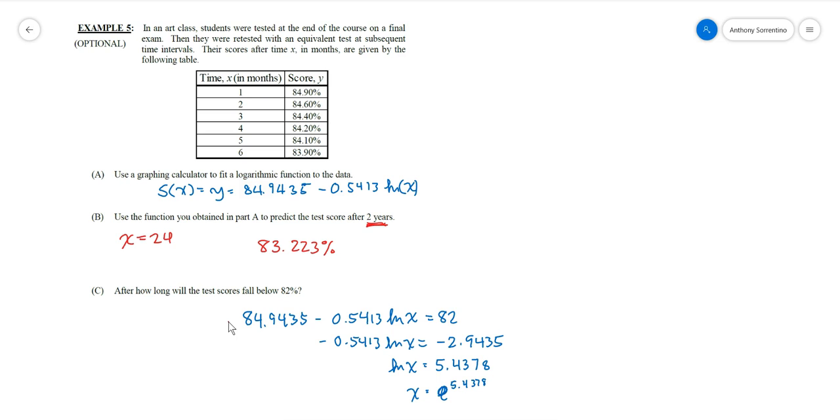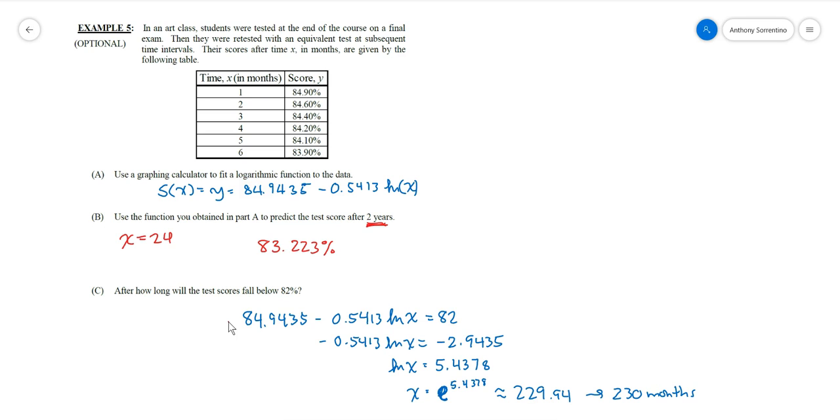And that would be approximately equal to 229.94. So, even with this, I would still say 230 months, because we're saying here at 229 and very close to 230, I would be exactly at 82.